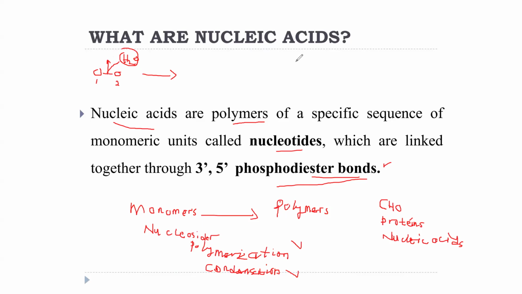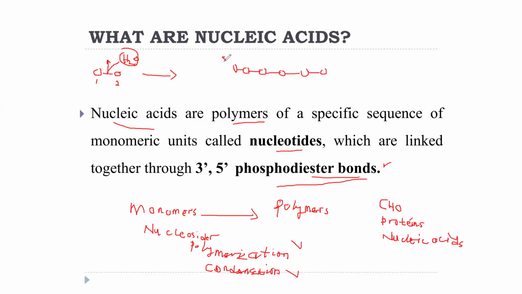Okay, and then apart from this, we also need to understand something. In these nucleic acids, they travel in different directions. So we have the 3' direction and the 5' direction.